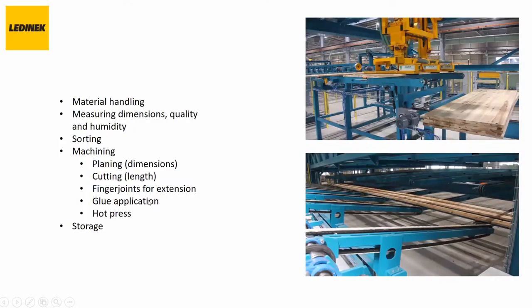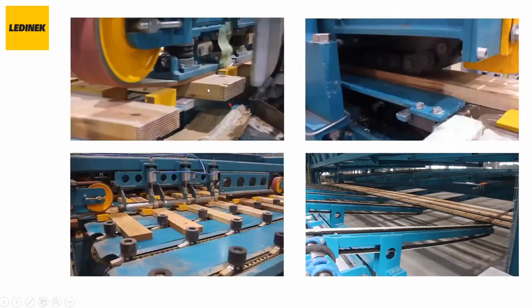Once they are done, for example after the machines have planed them and they have received all these finger joints, they are oriented, glue is applied, and then they are pressed and laminated that way, and you achieve these long elements.